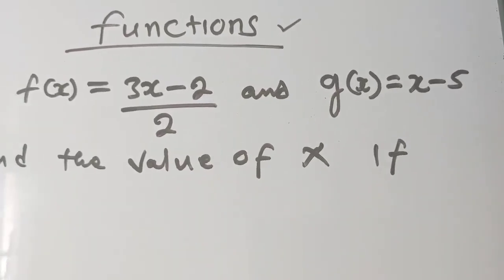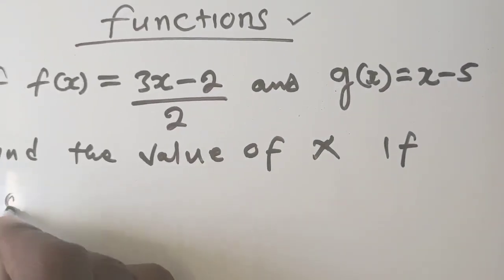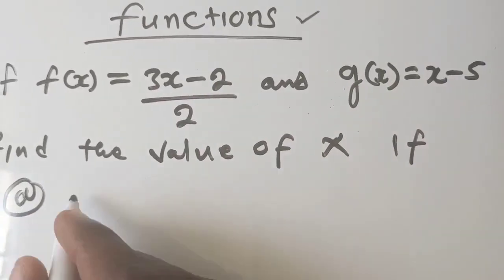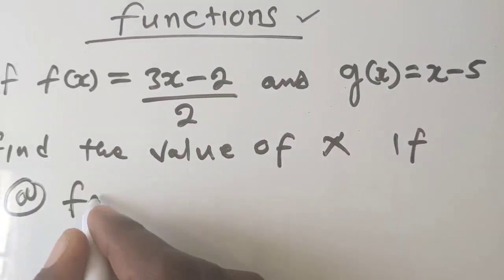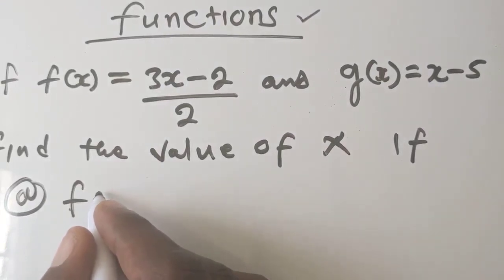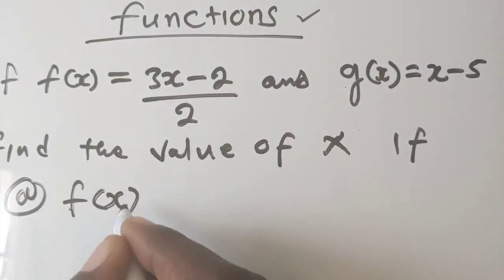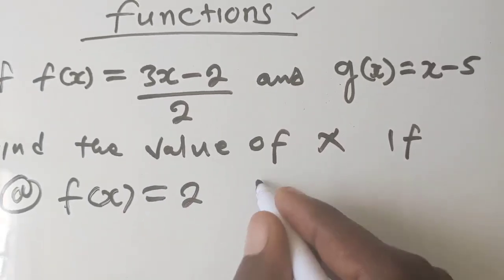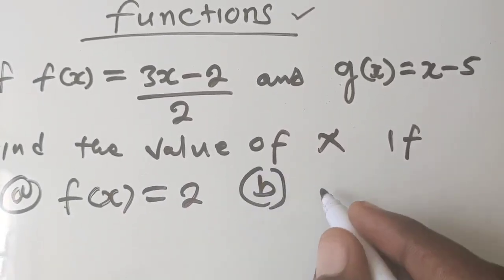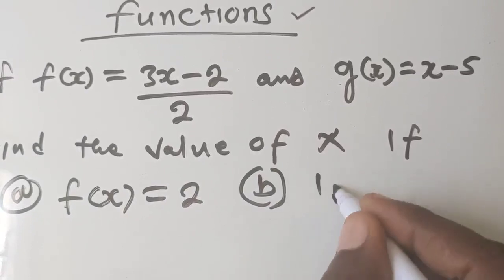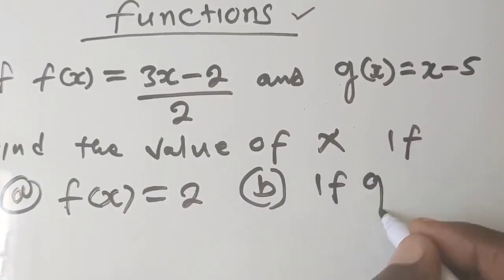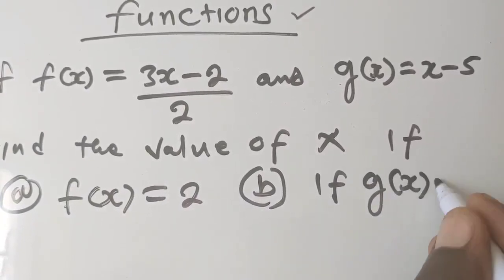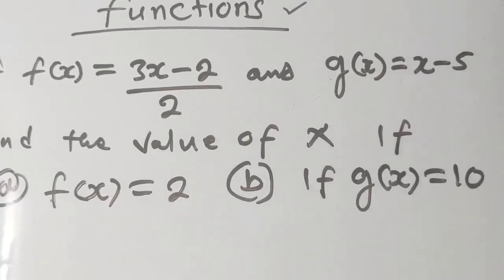a, we are finding a, so if f of x is equal to 2, then b, if g of x is equal to 10.